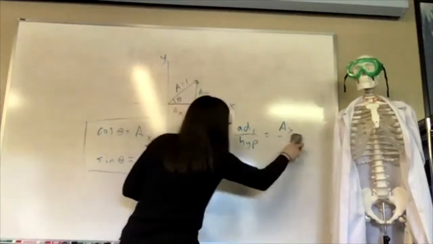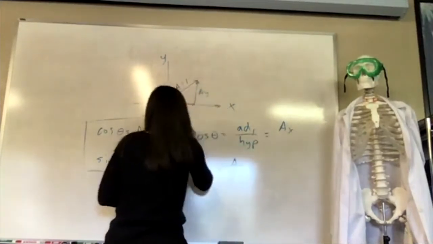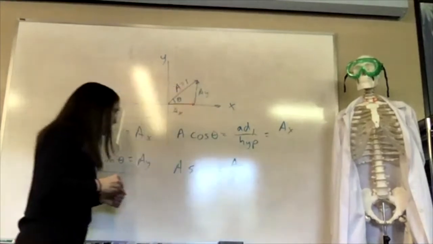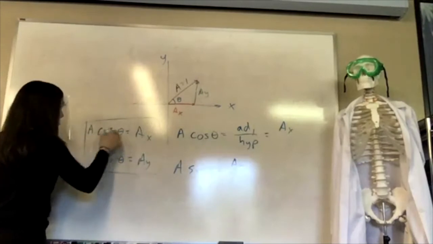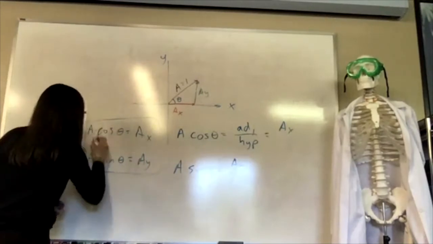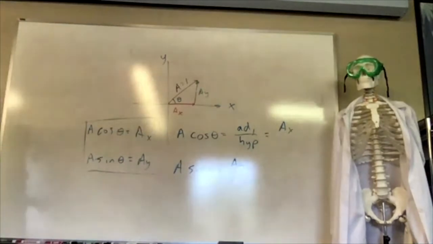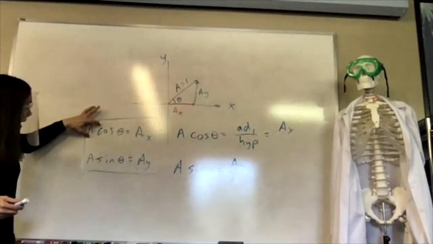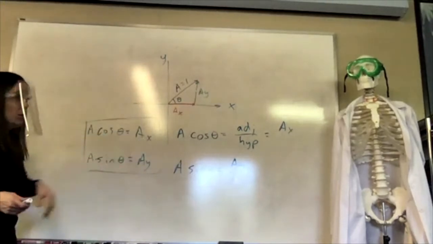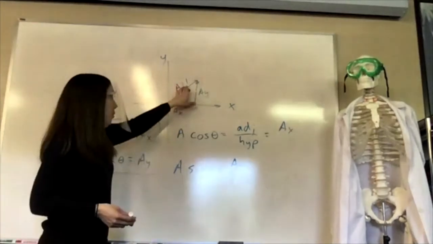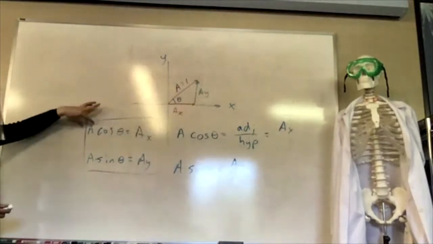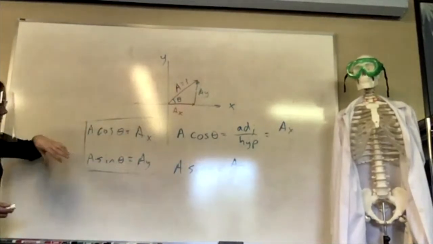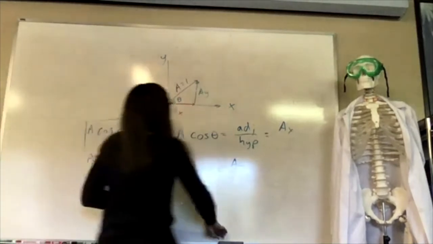We can move A over to that side, and it becomes A cosine of theta equals A of x. That's more useful to think of it that way, where we take the vector magnitude, which is A, and multiply it by cosine and sine. And that would give you the vector A for its x and y components. So again, if it's 1 for the hypotenuse, it's easy. But if it's a different number, you would take the hypotenuse and multiply it by the cosine and the sine of theta to get the x and the y components.